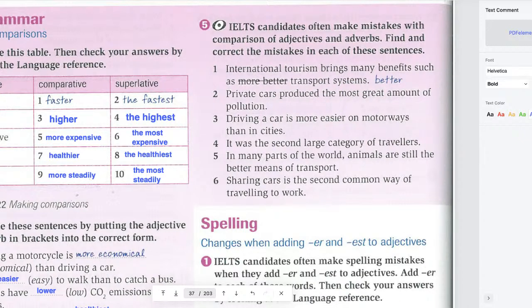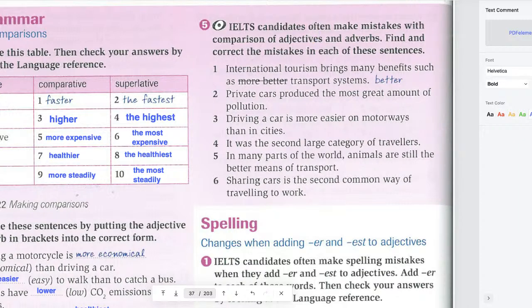Okay. Now, number 2. Duy Tân. Private cars produce the most great amount of pollution. So which one is wrong? Most great.